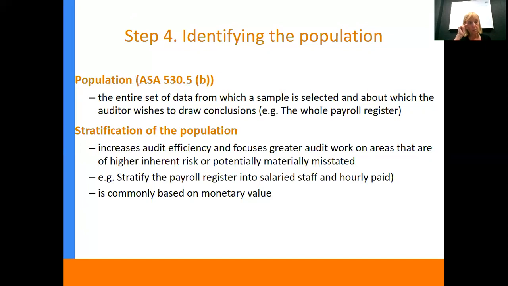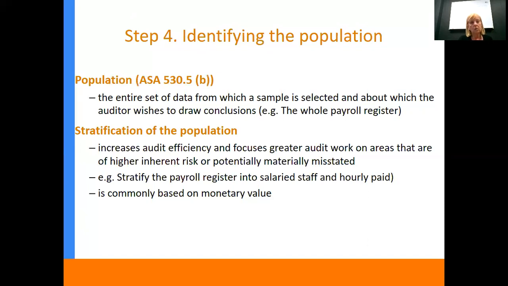Now, it's possible to what we call stratify the population. You might have come across this term in quantitative analysis as well. The stratification of a population means you break it into different sections. So it increases the efficiency of your sample selection and your procedures, and it allows you to focus on things you're particularly interested in.